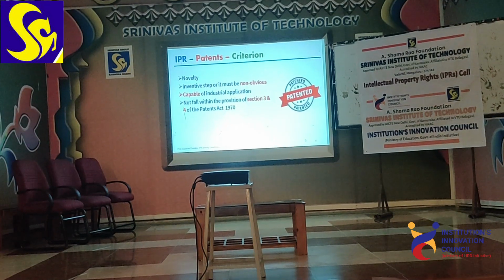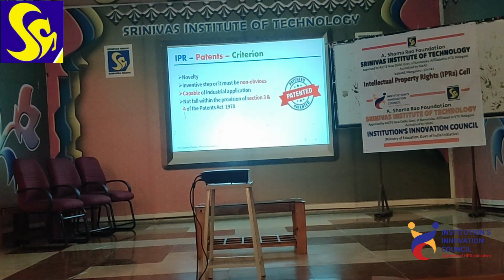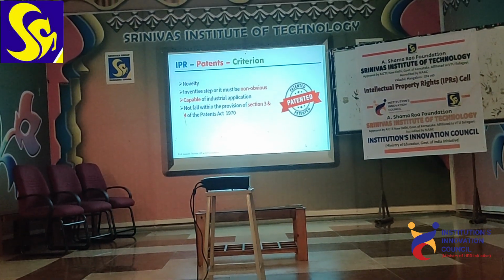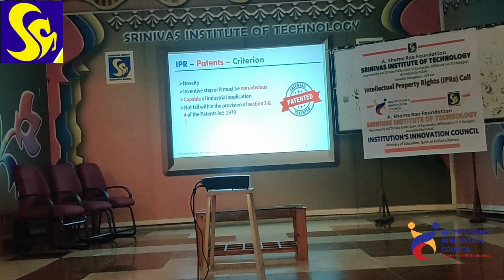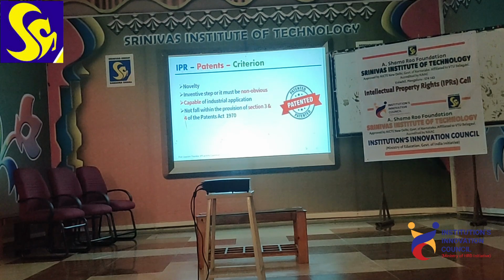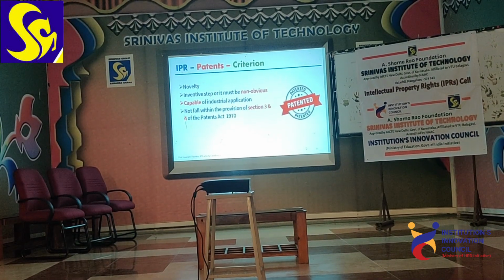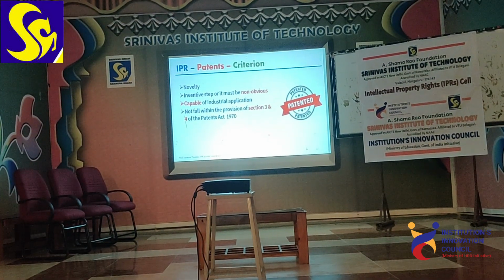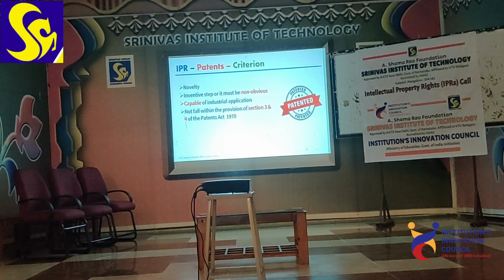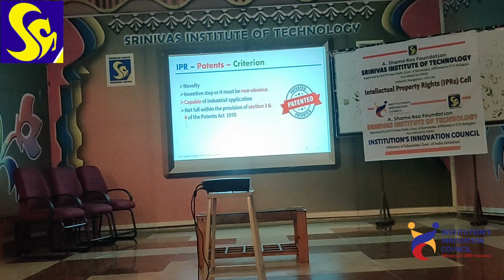If you think that you have made some innovation, some new idea, if it's of no use for anybody, then there is no point in applying for a patent. If you apply, it will not be granted. So, when you apply for a patent, you should first see whether it is of any industrial application. Otherwise it won't be granted.